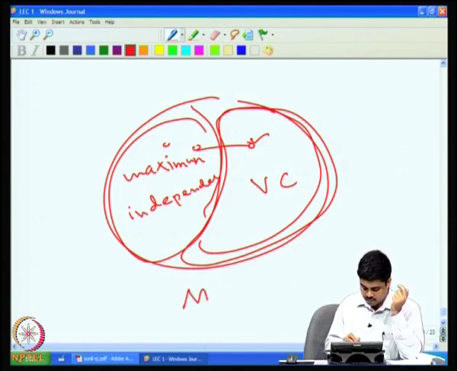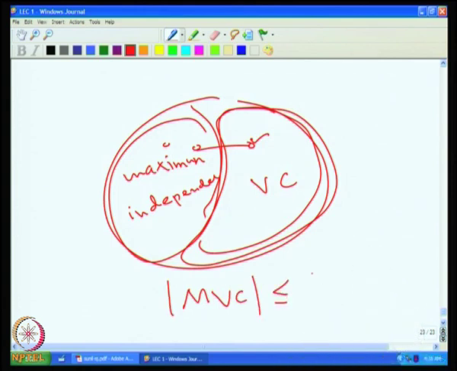So we get that the cardinality of the minimum vertex cover is less than or equal to the number of vertices minus alpha of G. This cardinality is alpha of G, because it is the cardinality of the maximum independent set.